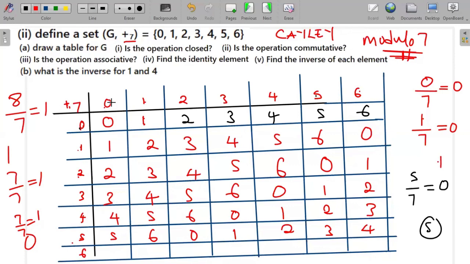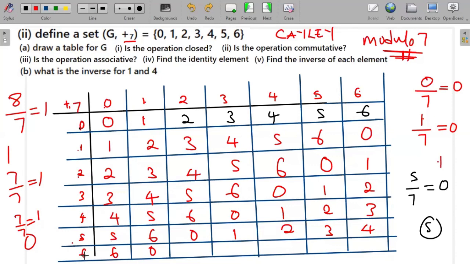Okay, we go to the last one. So this will be 6 plus 0, that will be 6. 6 plus 1, that will be what? 7. I can't write 7, so I divide it by 7, then the remainder is 0. Okay, so here the remainder should have been 2, right?